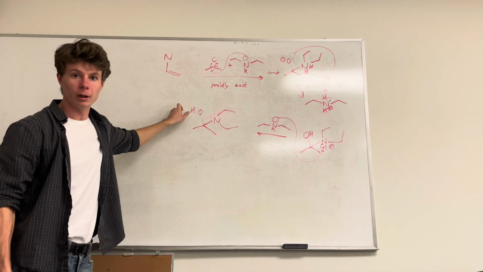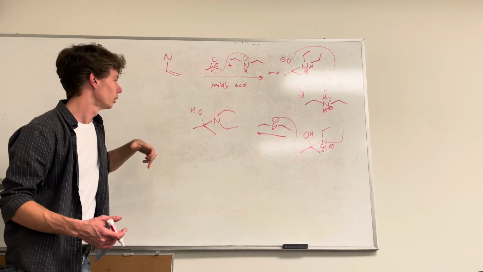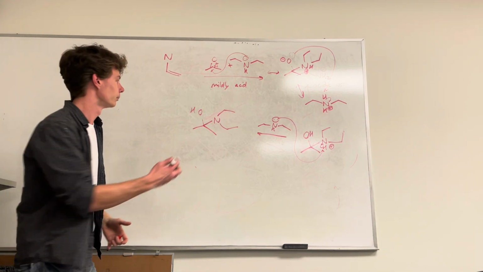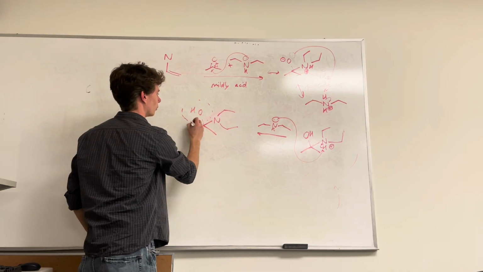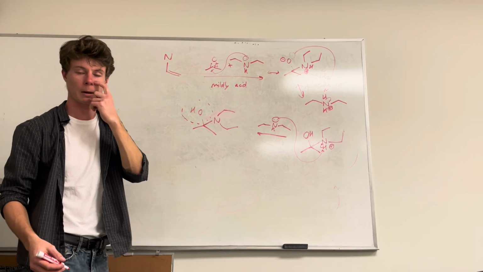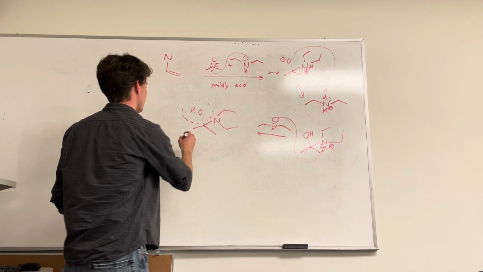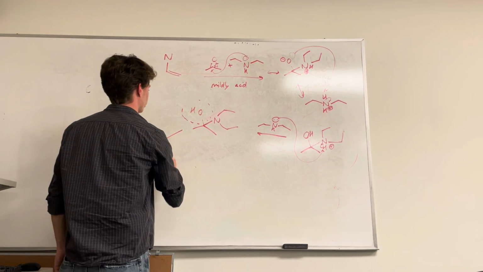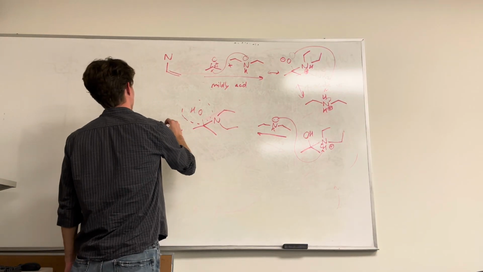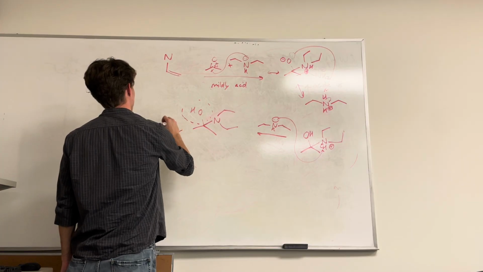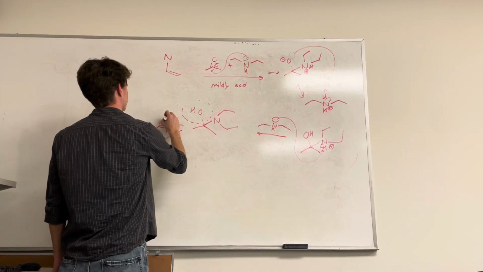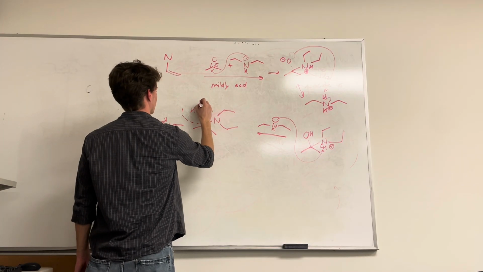Same as before. I've neutralized the charge. What do we notice is the same? Water's got to leave. Okay, right now it's alcohol. We need to protonate it. What should I use? The protonated version of my secondary amine. Protonate it.